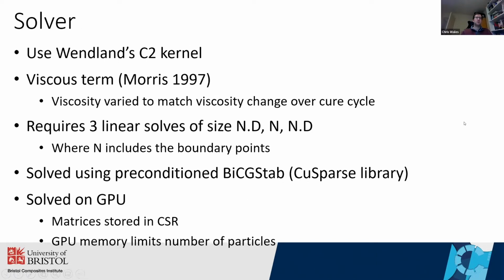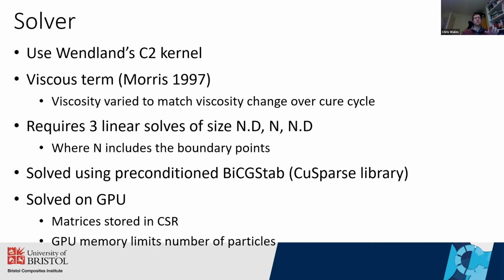So in terms of the actual SPH solver, we use a Wendland C2 kernel and the laminar viscosity term by Morris. And when we're doing a cure cycle to match experiment, we know the temperature, and from that we have a model of the viscosity at the current time step.